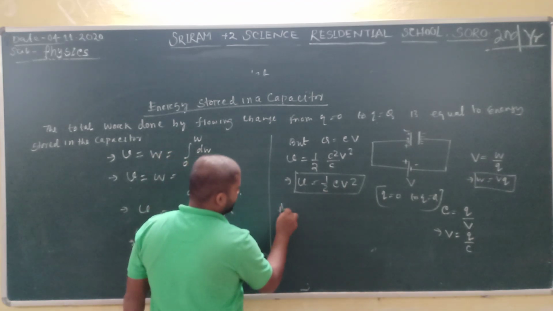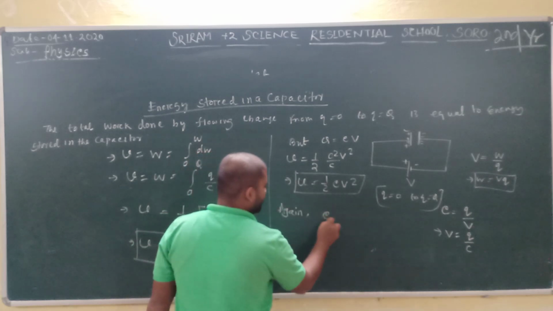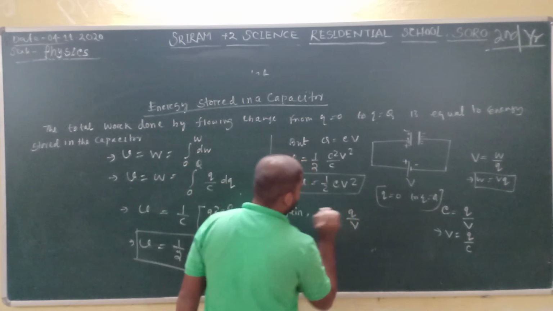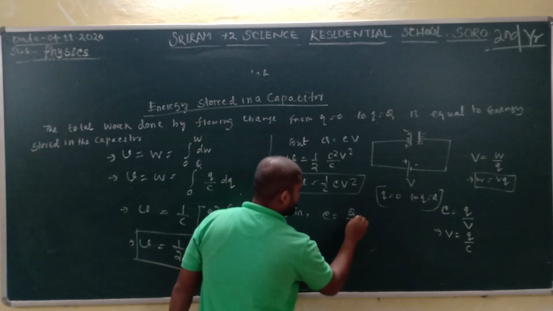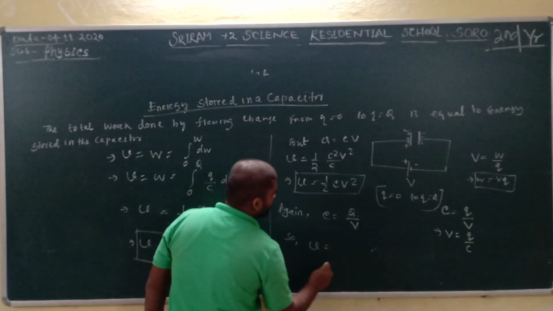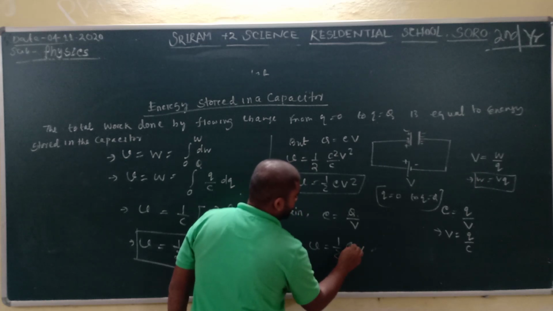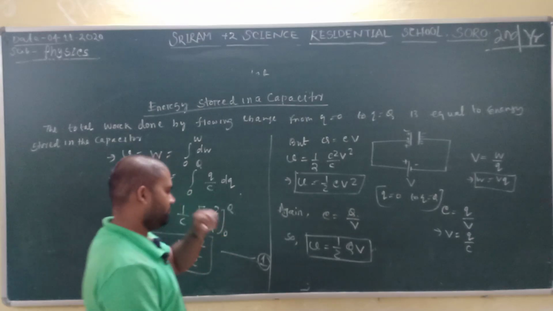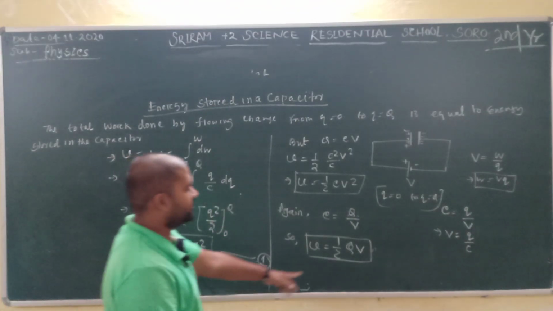Again, C equals Q by V, so U equals half QV. This is another expression, in terms of charge and potential.